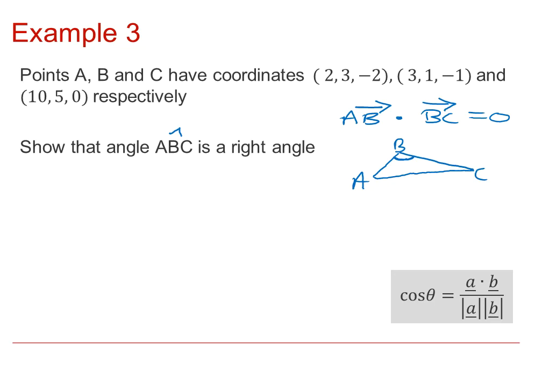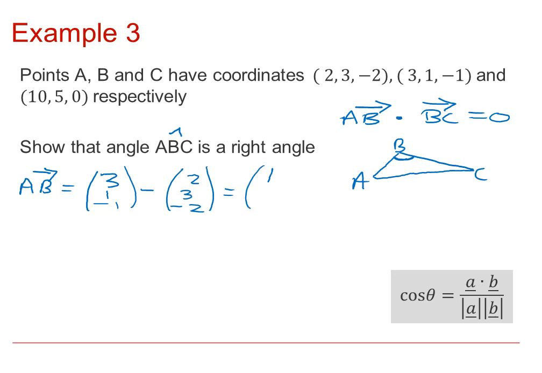Let's have a look and see how we find the vector AB. The vector AB is going to be the position vector for point B, (3, 1, minus 1), take away the position vector for A, which will be (1, minus 2, 1).